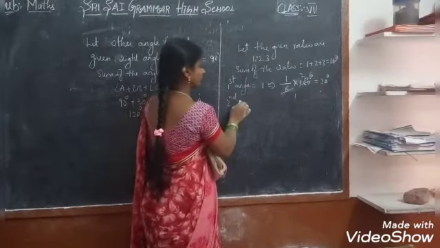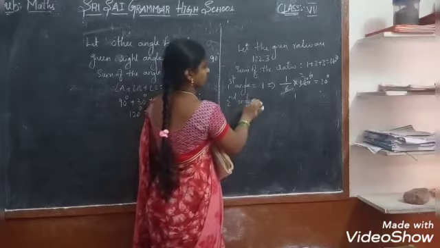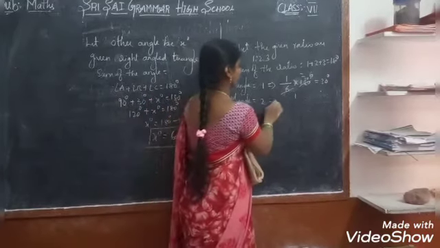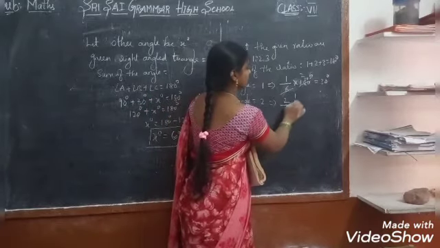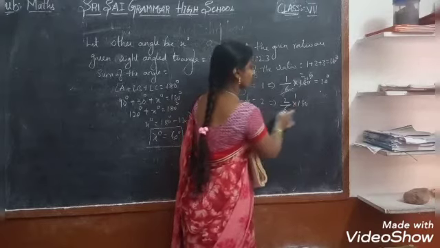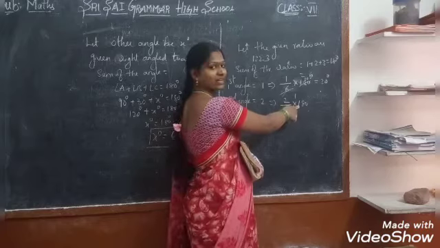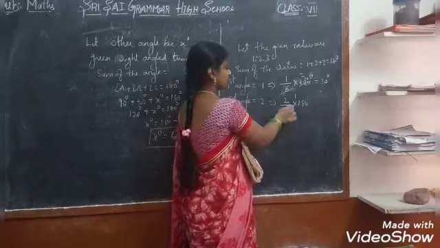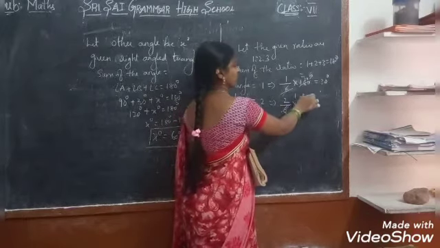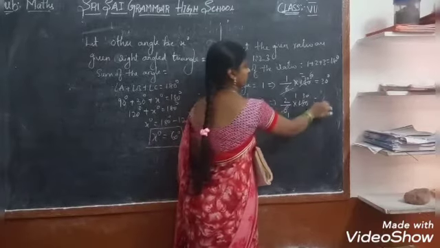Second angle, that is 2 by 6 into 180, we multiply with the given sum of the angles. 2 into 30 is 60 degrees.